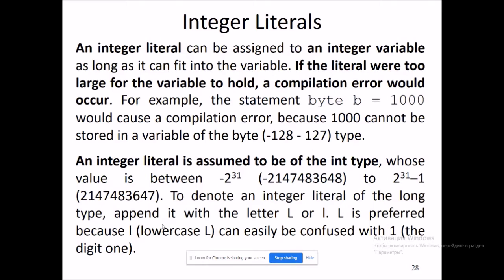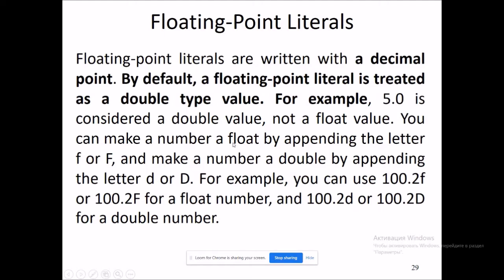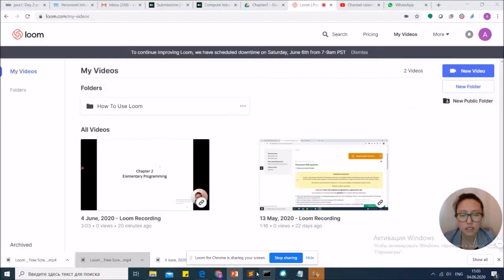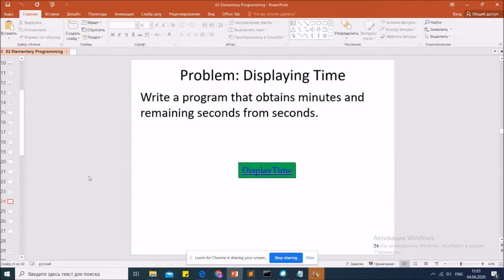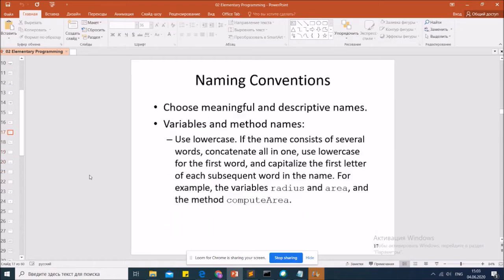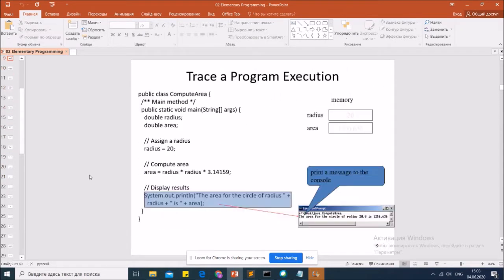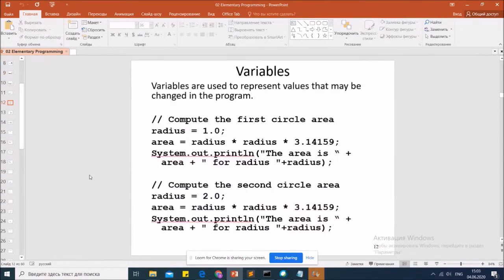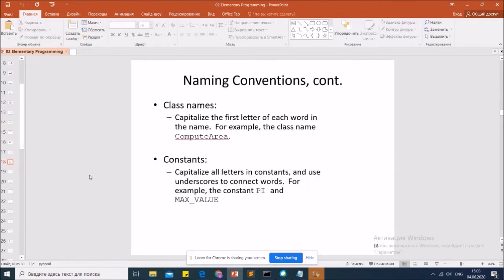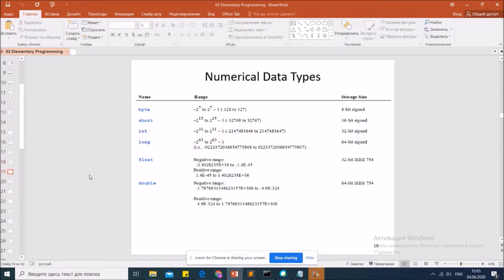Where can we find the information about it? Here, if you remember, we have information about the size of our variables. For example, for byte, we can store numbers from minus 128 till 127.